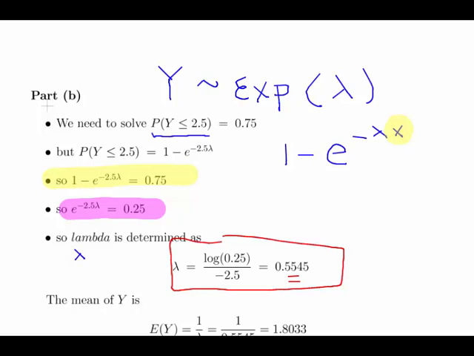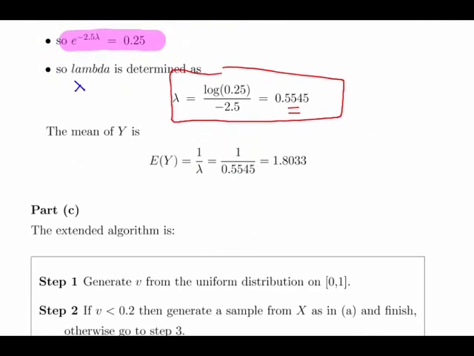Now we're actually specifically asked for the mean of Y, so this tests our knowledge of the exponential distribution. The expected value of Y is 1 over lambda, which is 1 over 0.5545, and you should get an answer close to 1.8033.